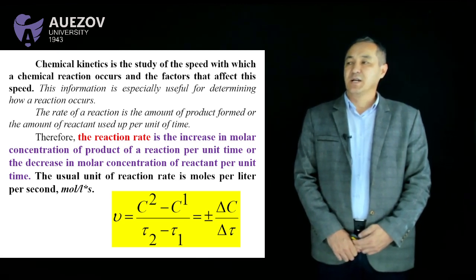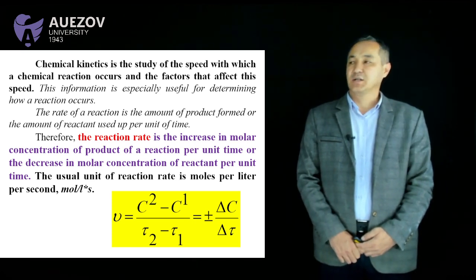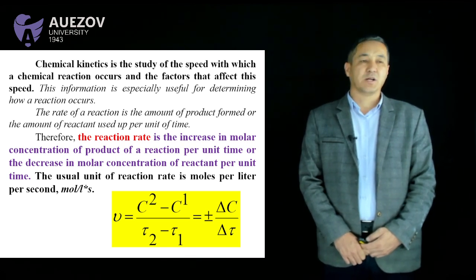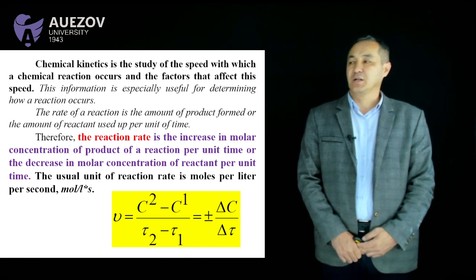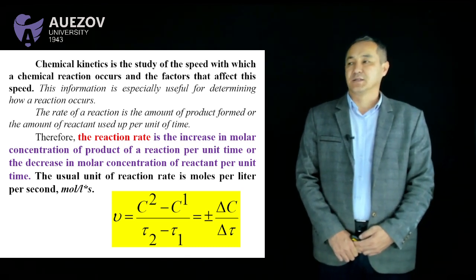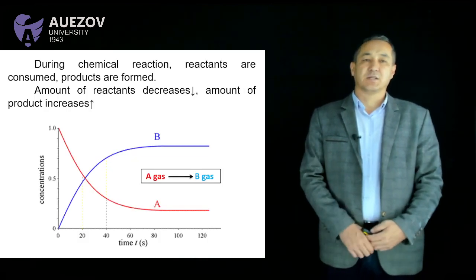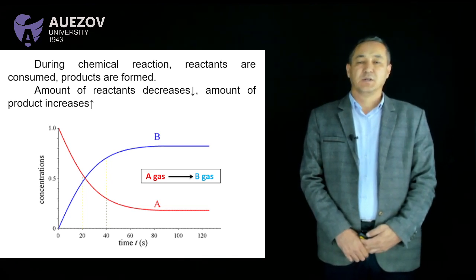Chemical reaction rate is the increase in molar concentration of product of the reaction per unit time, or the decrease in molar concentration of reactant per unit time, or reagents. During a chemical reaction, reactants are consumed and products are formed.